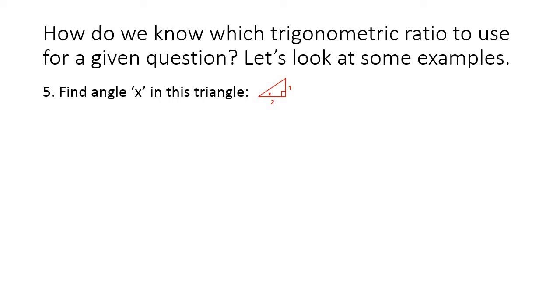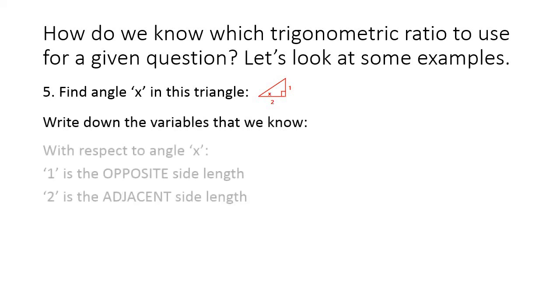So let's look at some examples real quick, and I'm not actually going to solve them. You should be able to solve them from looking at previous examples, but this will show you how to quickly figure out which of the trig ratios, sine, cosine, or tangent, to use when looking at a question. This example is asking you to find what angle x is in the triangle. So write down the variables that you know. With respect to the angle x, 1 is the opposite side length, 2 is the adjacent side length.